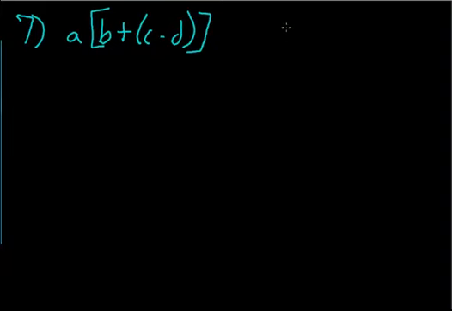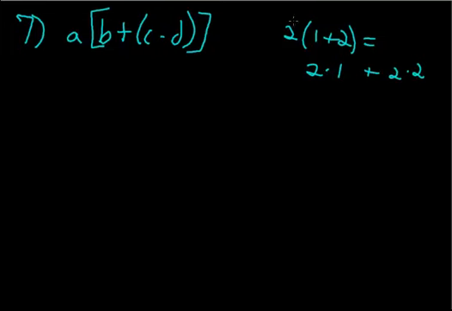So it'd be like 2 times the quantity 1 plus 2 is equal to 2 times 1 plus 2 times 2. You're basically just distributing this 2 to each of the addends, which are these numbers being added.